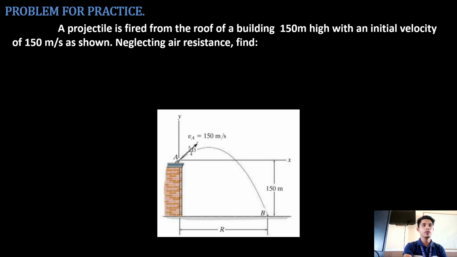Yung initial velocity is 150 meters per second. Kailangan niyo dyan kumpitin is yung kanyang horizontal component at vertical component. Since meron tayong slope na 3:4, ang kanyang vertical component is 3/5 ng 150. Tapos, ang horizontal component niya is 4/5. Given yung slope eh.